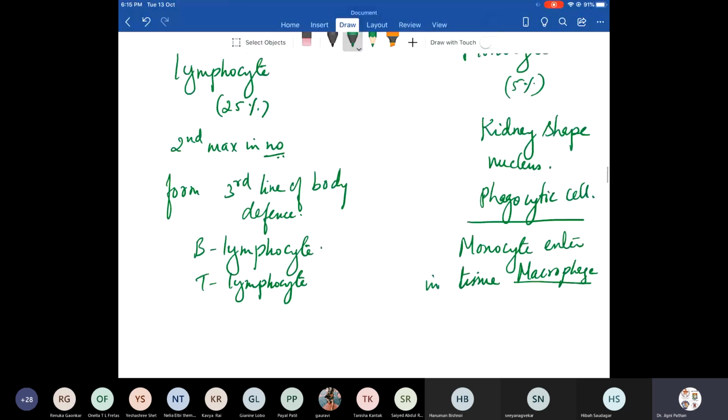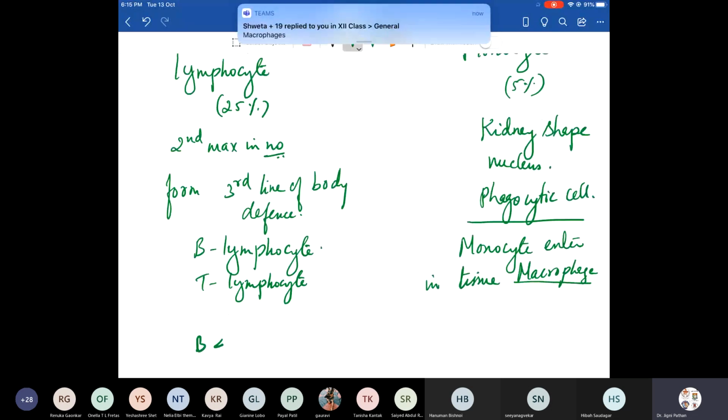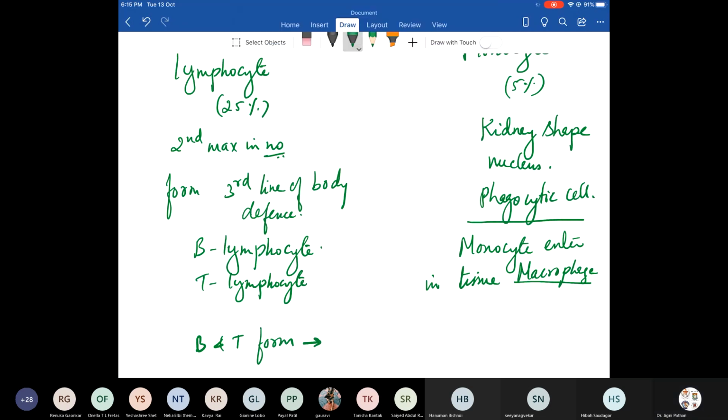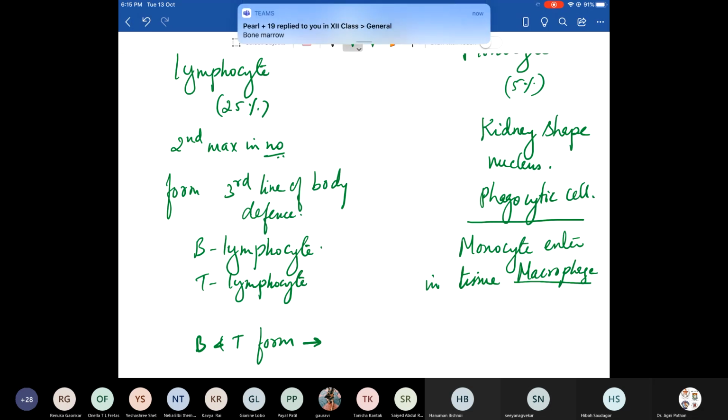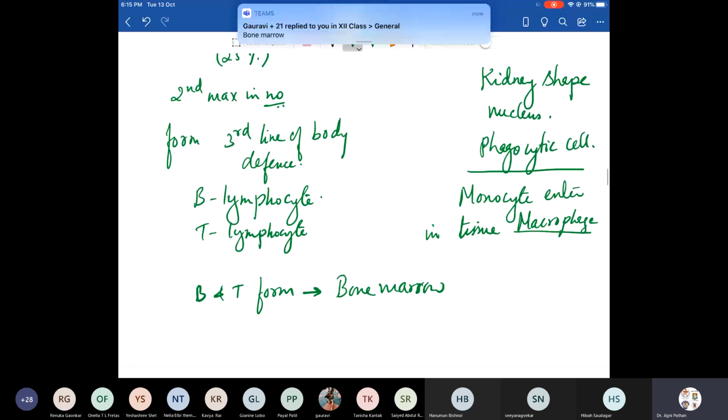Then, where do the B and T lymphocytes form? Very good. Bone marrow. Where do you think the B lymphocytes get mature?